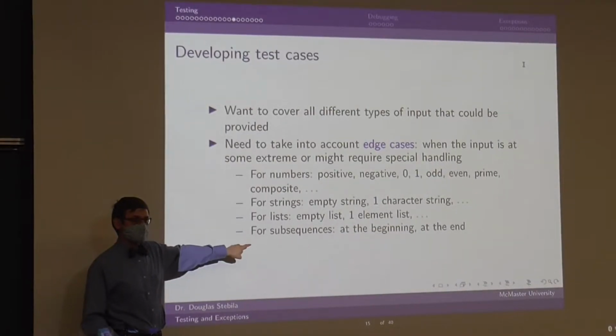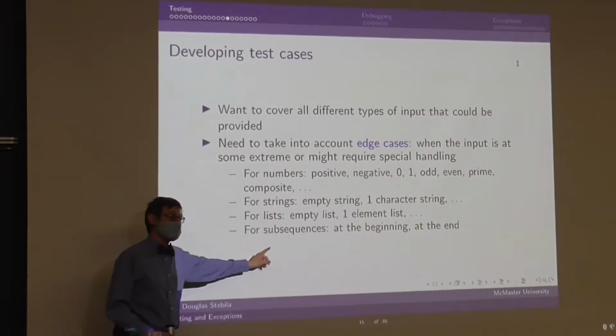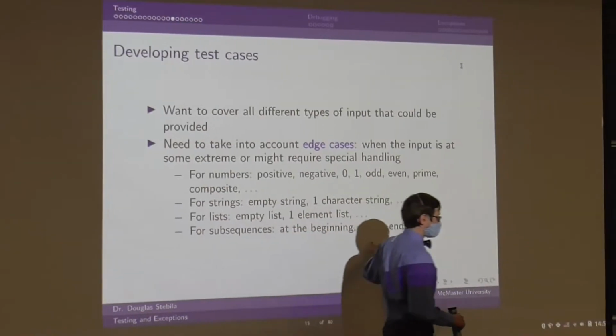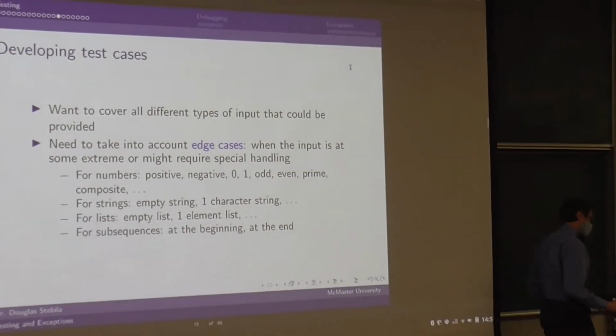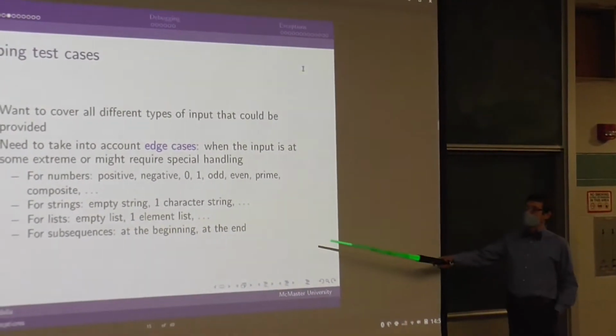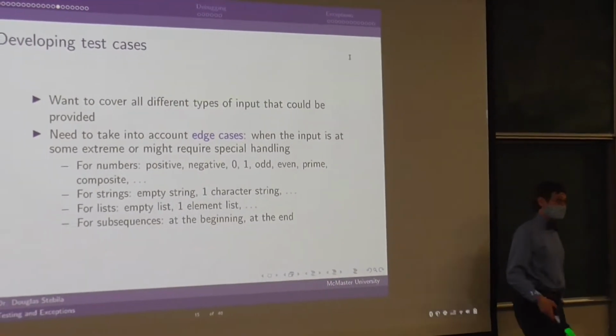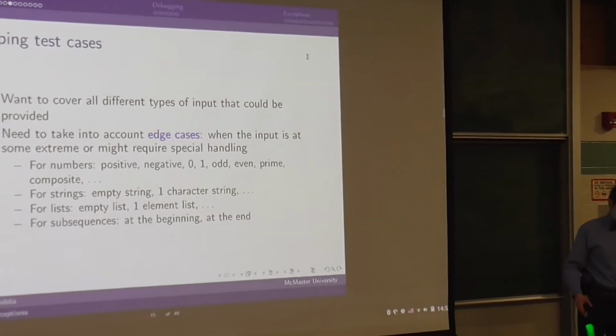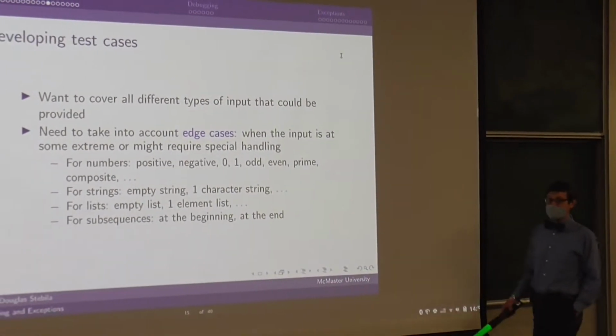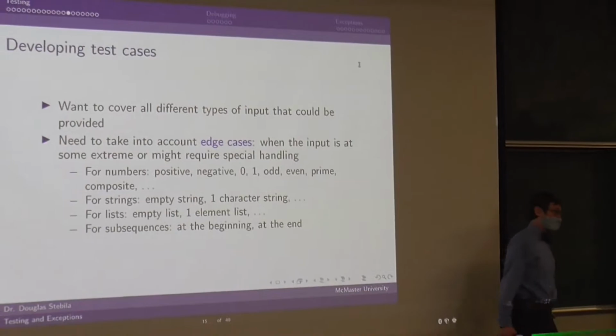And if you're testing for subsequences, give a test case where the thing that needs to be found is at the beginning and at the end of the data structure. This is actually a very important one. This one will reveal quote-unquote off-by-one errors, which are very common when you're addressing the indexes of things like tuples and lists.